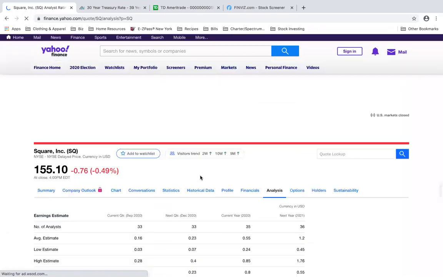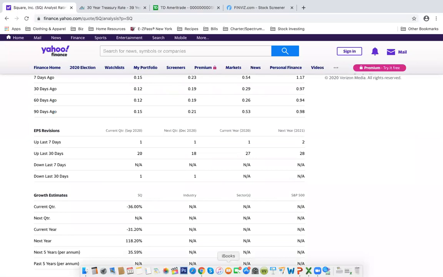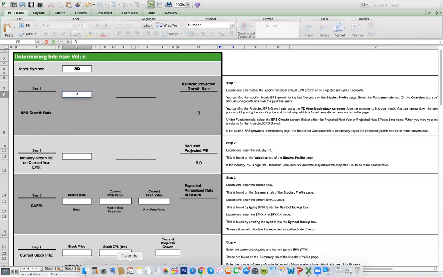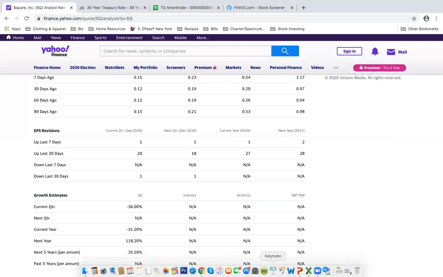And you look down here, it'll give you the next 5 years per annum estimated growth rate, 35.59%. And you just take that, pop that into the thing. 35.59. Yeah.